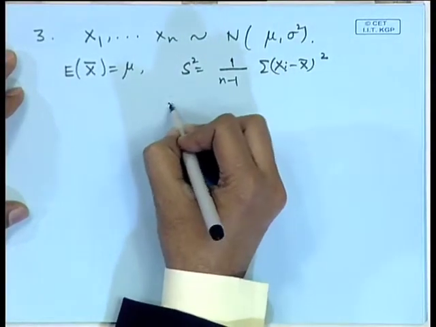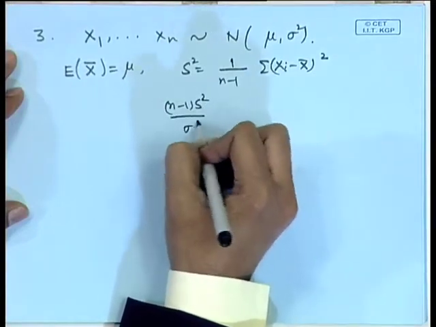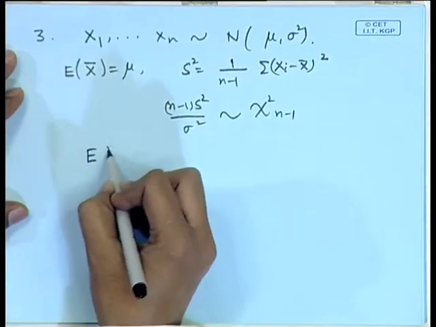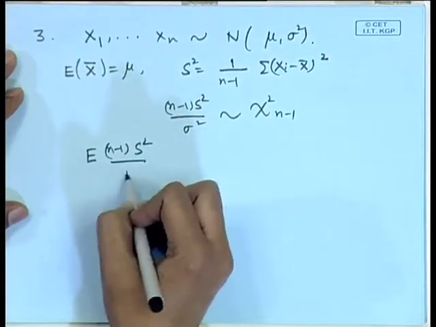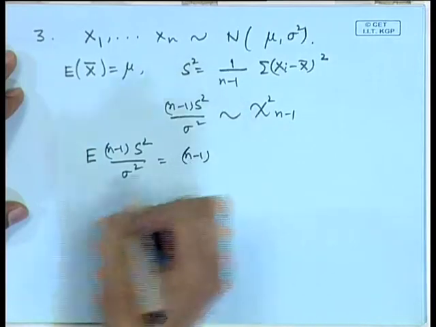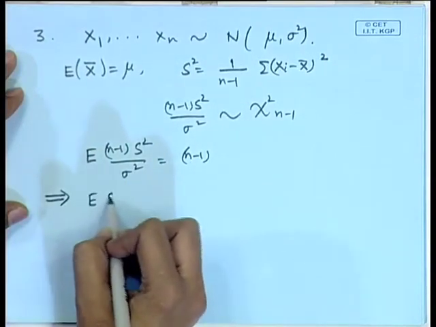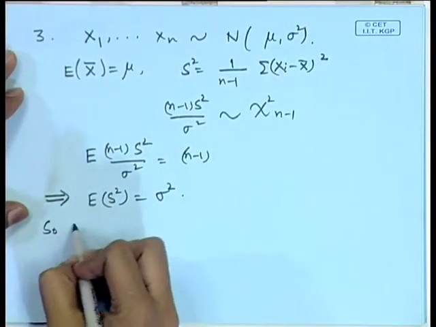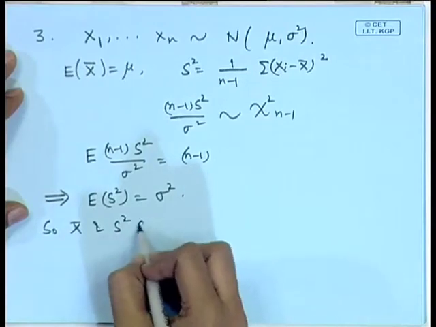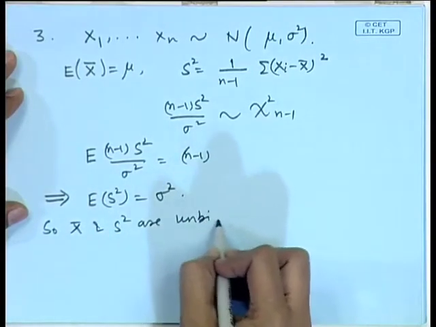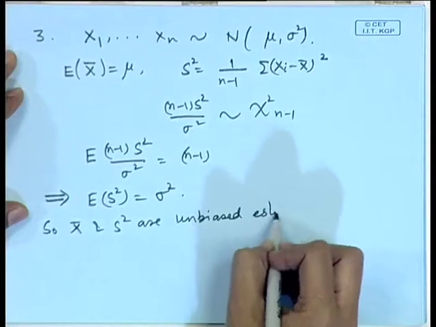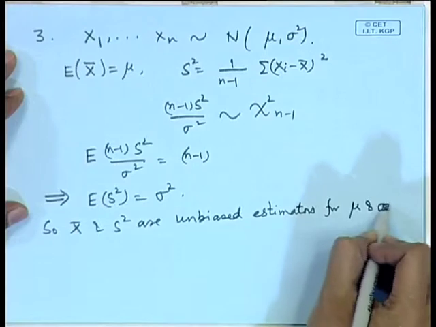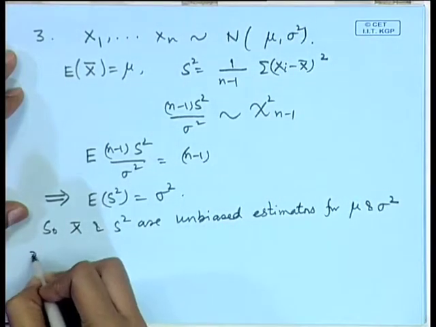I have already proved that n minus 1 s square by sigma square follows chi square distribution on n minus 1 degrees of freedom. So, expectation of n minus 1 s square by sigma square is equal to n minus 1. This means expectation of s square is equal to sigma square. So, x bar and s square are unbiased estimators for mu and sigma square respectively.